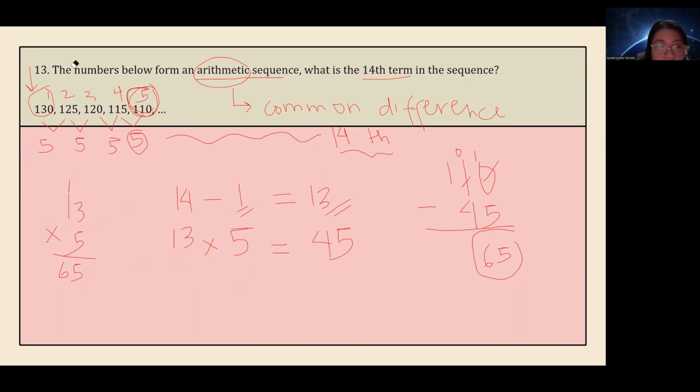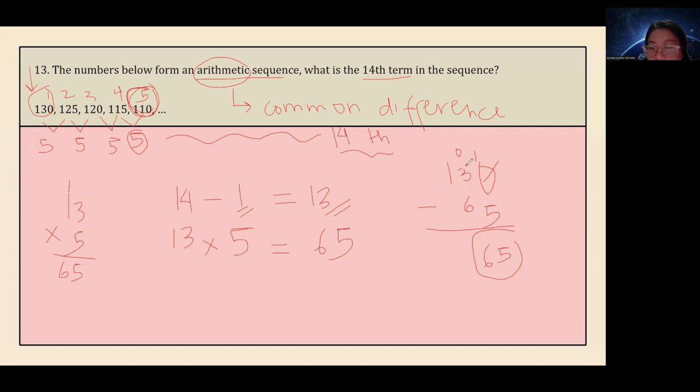Let's replace it here. 65. Again, since our basis is the first term, then this should be 130 minus 65. So 130 minus 65.